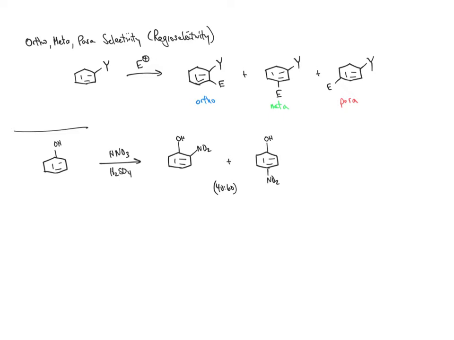All right, so let's actually try to think about how this would occur. And in order to justify the regioselectivity, I'm going to say here you must draw all the resonance forms. Okay? All right, so let's do the ortho nitration first.